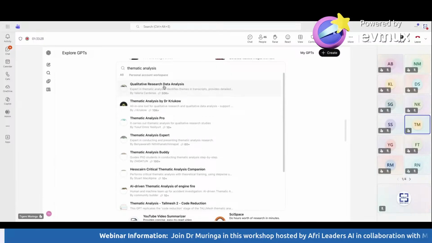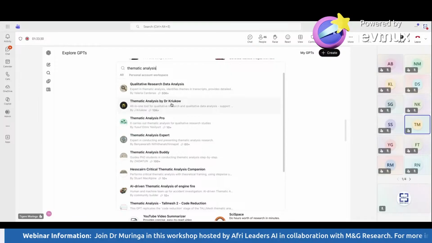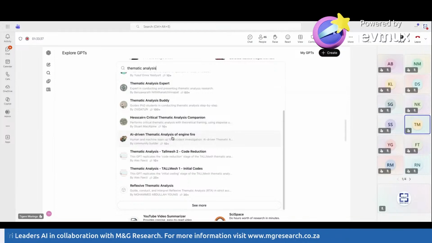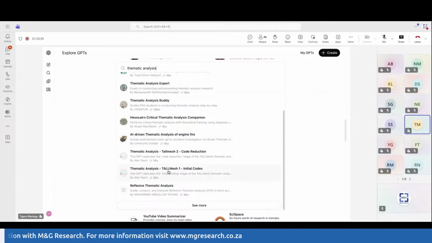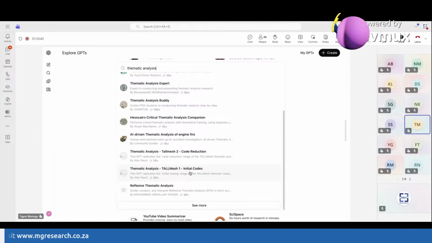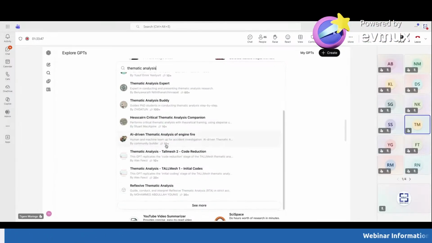We have thematic analysis by Dr. Crivo, thematic analysis pro, thematic analysis expert. So we have different types of thematic analysis approaches. We have thematic analysis to mesh initial codes, right? Then reflexive thematic analysis. So all these you can use, right? You can choose to use any of these to do your thematic analysis.